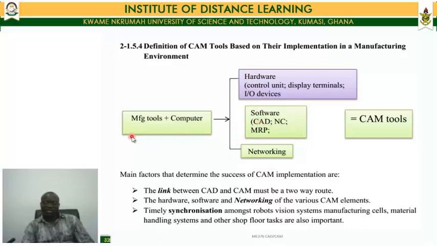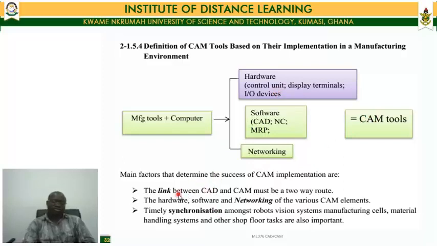Then the manufacturing tool, of course, will be the software. The software should be able to import a CAD model, and then the software could be an NC, a manufacturing resource planning software, MRP or something. That will help you to get your manufacturing tools and the network concept. So with this, the software, network concept, and hardware, which is the computer, you'll get a CAM tool.